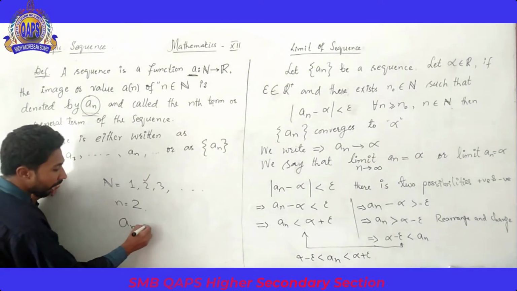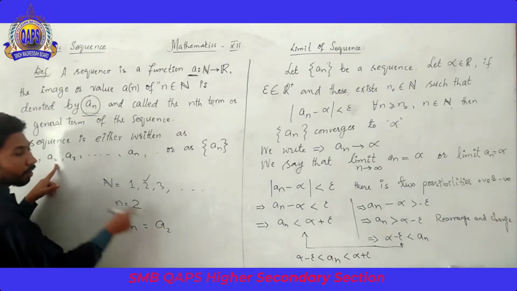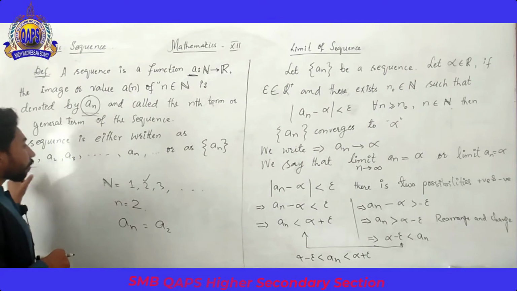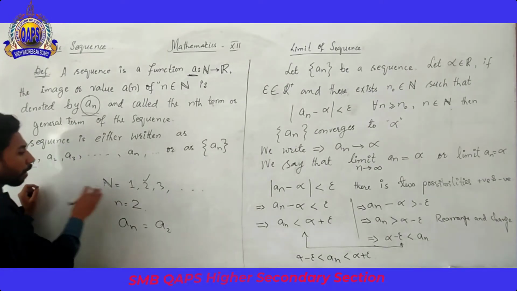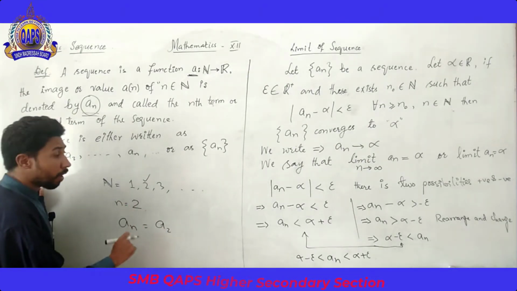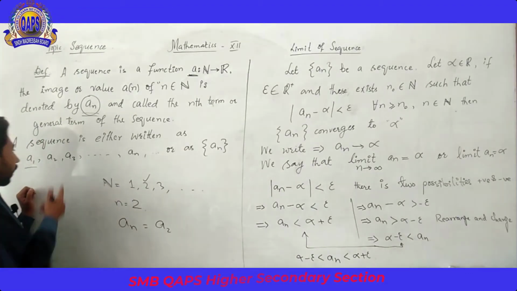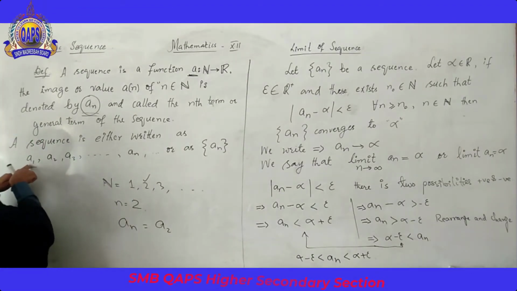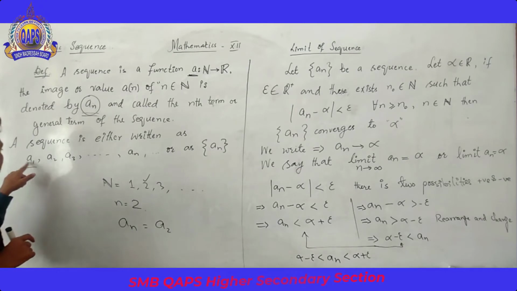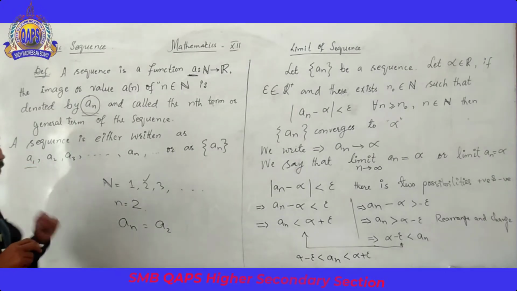In the place of n we put 2, then it represents a2. Same here, if we put different values of n from the natural numbers, then it represents a1, a2, a3 up to a_n.